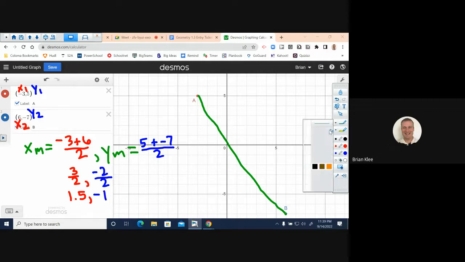Now if I try to plot that, right around here is 1.5. Right around, I think I lost it.